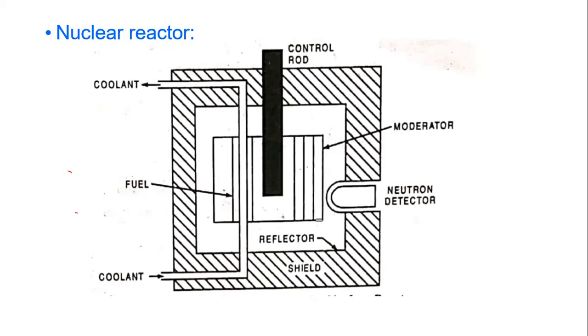The control rods are used to control the rate of fission operations. These control rods are made of boron or cadmium, which absorbs some of the slowed-down neutrons. The chain reaction is to be maintained at a steady value during the operation of the reactor.